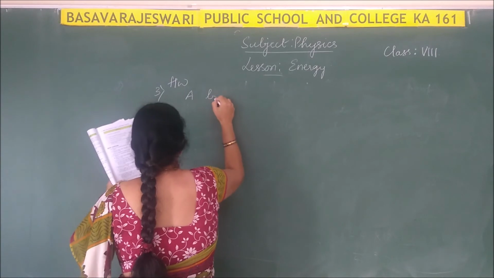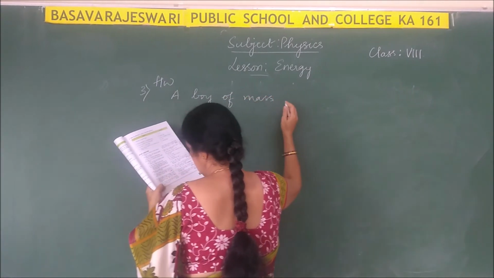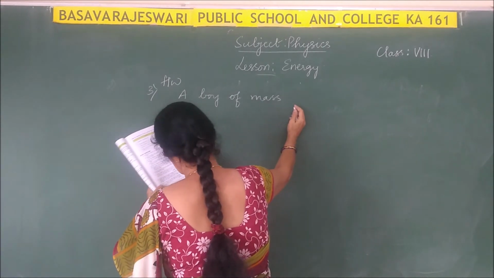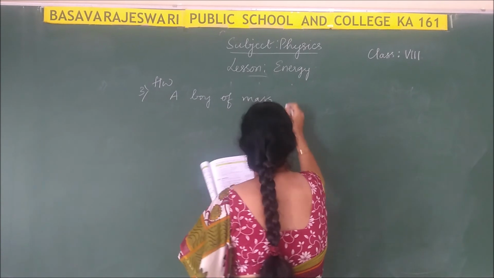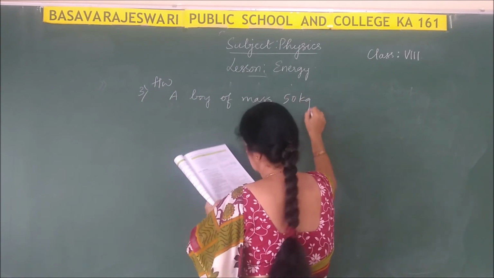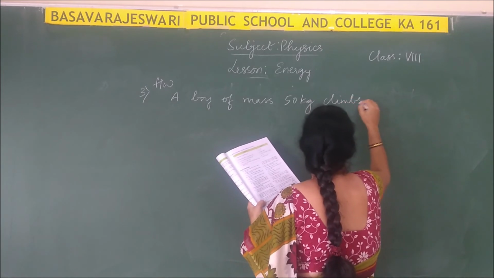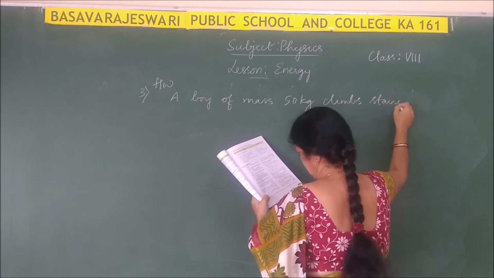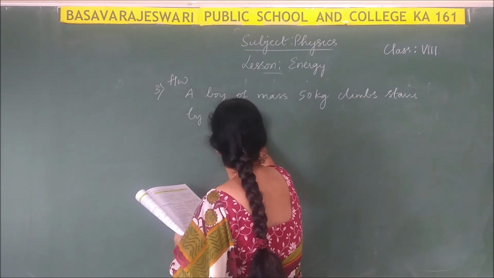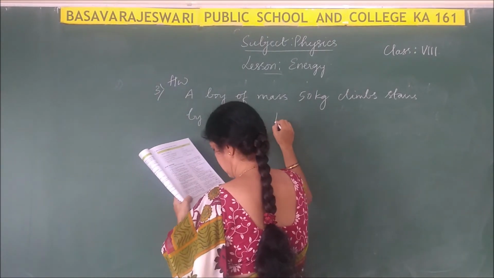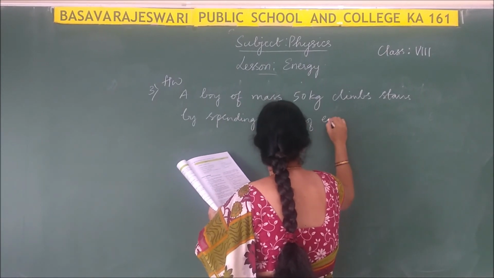A boy of mass 60 kg. Sorry, 50 kg. Climbs stairs by spending 1200 joules of energy.